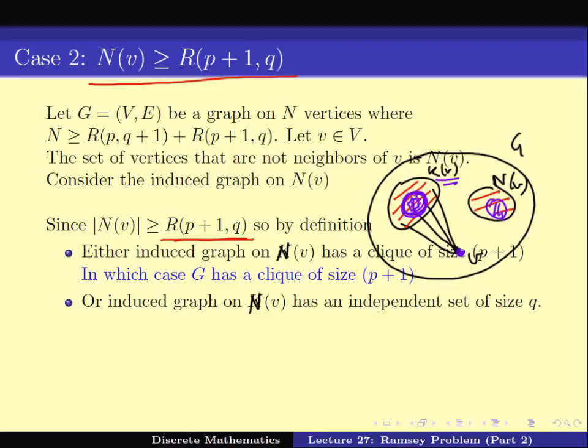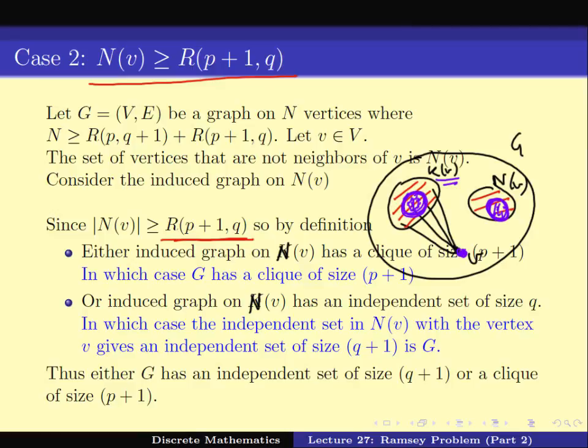If the blue thing is an independent set, what it means is that between any two vertices in this blue set there is no edge. But then again, consider this blue set with this v, and then this set plus v gives an independent set of size q plus 1 in G. This is because this set is completely contained inside NV, which by definition are the vertices with no edge to v.